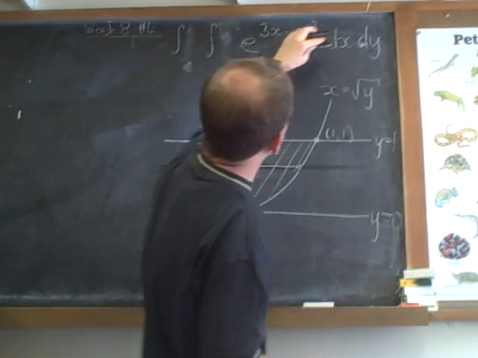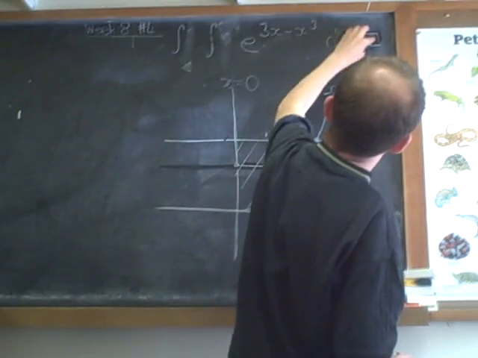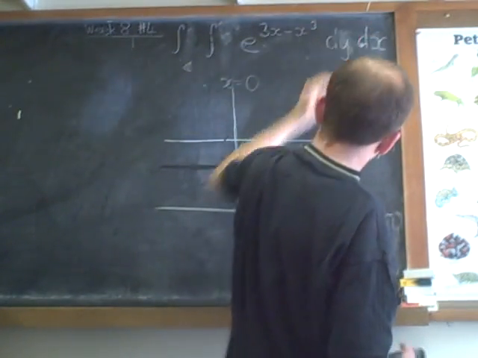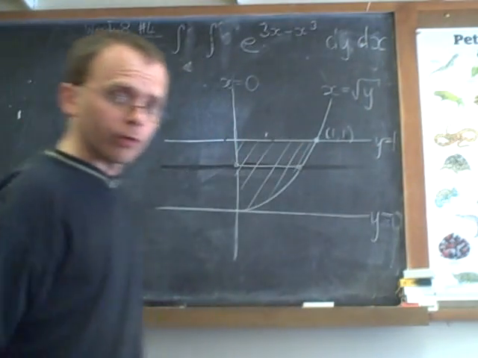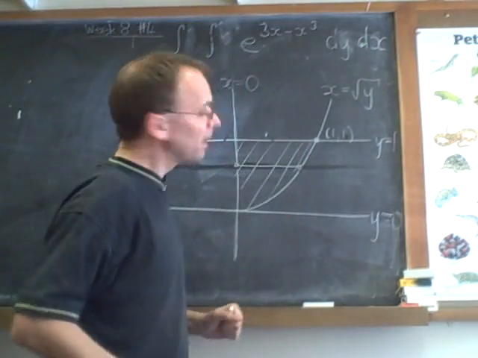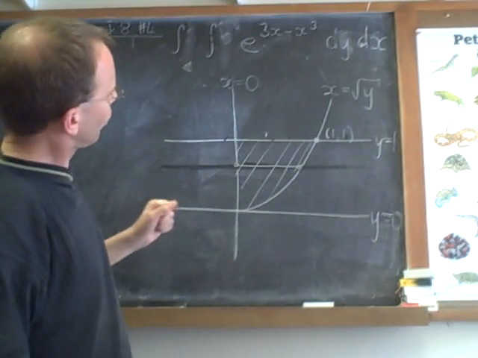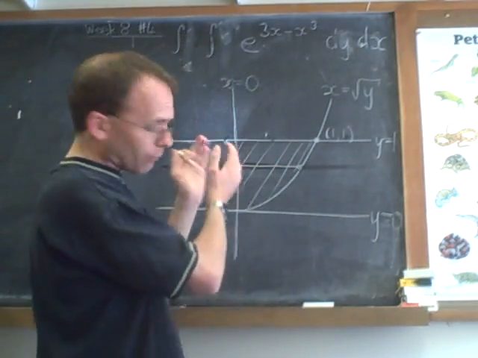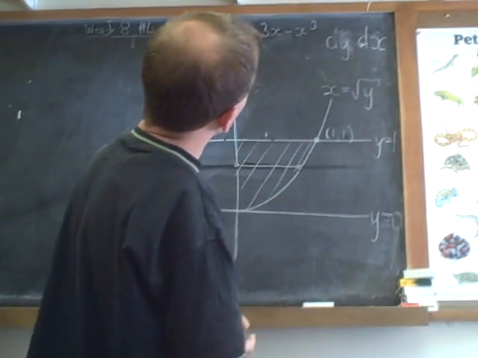Now, obviously it's the same integrand, but we're going to do this dy dx. Now, how do we use this picture of the region to get the new limits? Well, okay, it's the standard process of given a region, getting the limits.